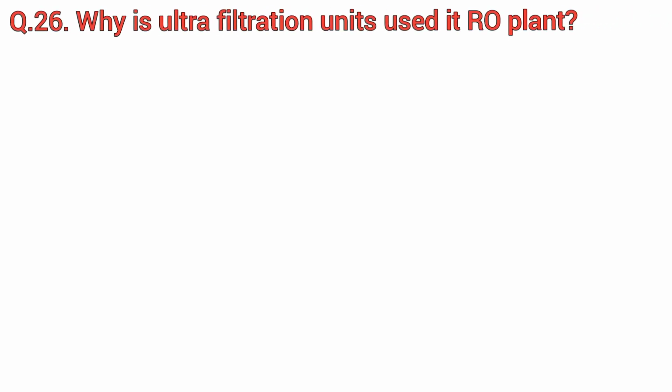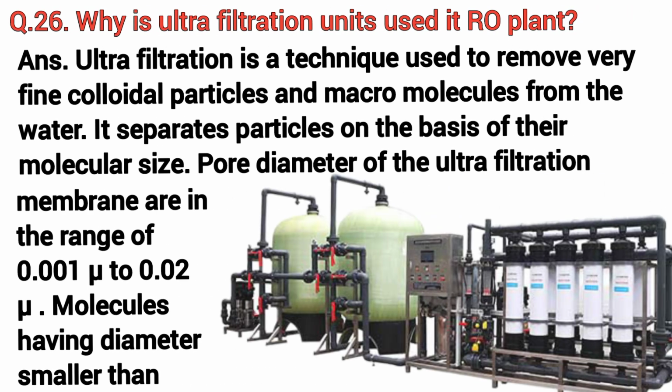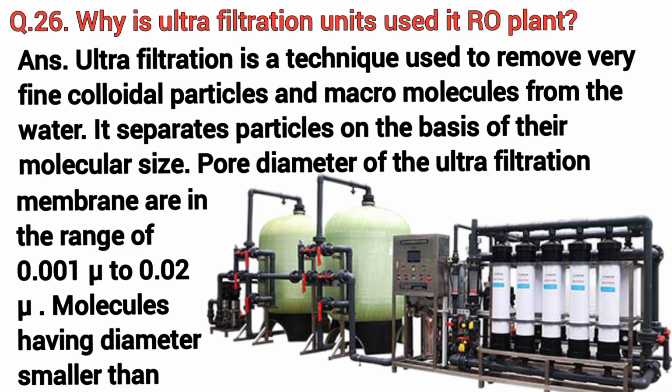Why are ultrafiltration units used at an RO plant? Ultrafiltration is a technique used to remove very fine colloidal particles and macromolecules from the water. It separates particles on the basis of their molecular size. Pore diameter of the ultrafiltration membrane is in the range of 0.001 micron to 0.02 micron.